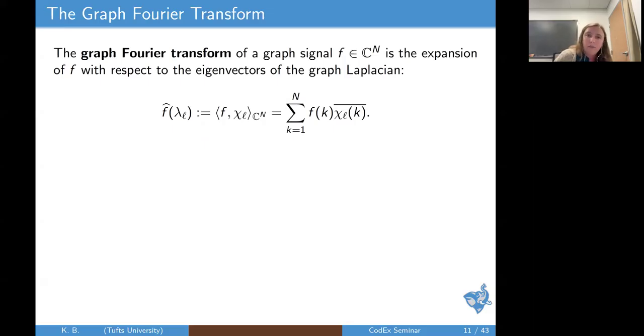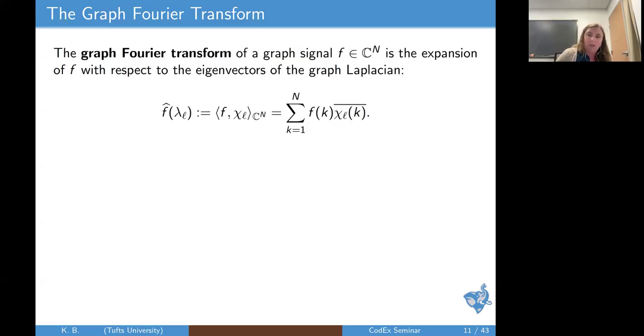So the graph Fourier transform, this main tool in graph signal processing: what we do, we take our signal in Rn or Cn, and we just expand the signal f with respect to the eigenvectors of the graph Laplacian. So the nth graph Fourier coefficient is the inner product of our signal f with the nth eigenvector of the graph Laplacian.